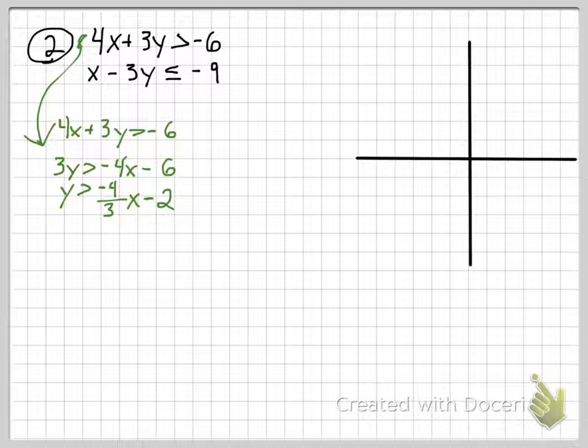Let's go ahead and put that on our graph. So our y-intercept's at -2. And we're going to go down 4 and right 3, or up 4 and left 3.